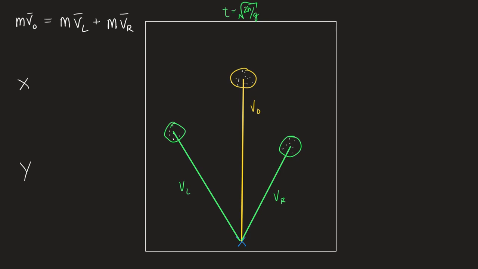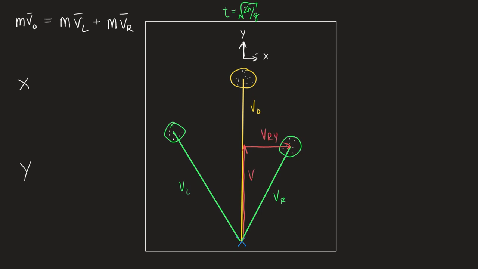So, set the direction of the original ball as perhaps the y direction and the other direction as the x direction. And then break these up into their components. That ball has an x component and a y component. This would be VRY.